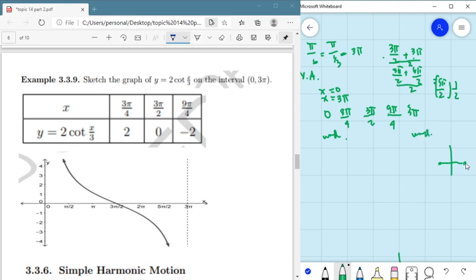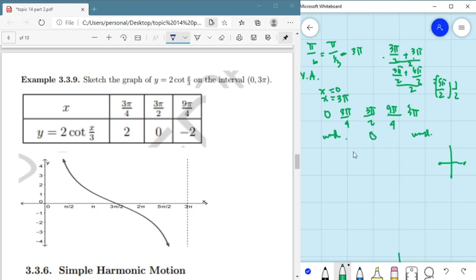We have 0, then one revolution at 2 pi, then 3 pi. So it is undefined there, and those are the asymptotes. Then it is 0 at 3 pi over 2, because cosine here is 0 over 1 and sine is negative 1. So this is 0.